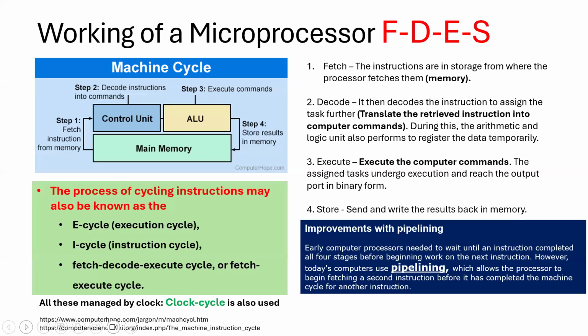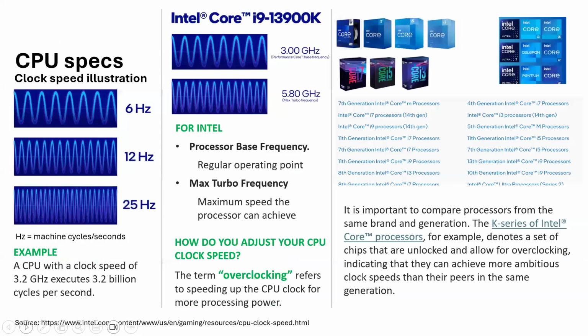The control unit decodes that information and gives it to the ALU to execute. The ALU executes and then stores it back in memory, and from this memory it could be stored permanently in the system. We are going to talk about storage devices very soon. All right, so let us talk about the CPU. Please follow the logic. This is very simple.